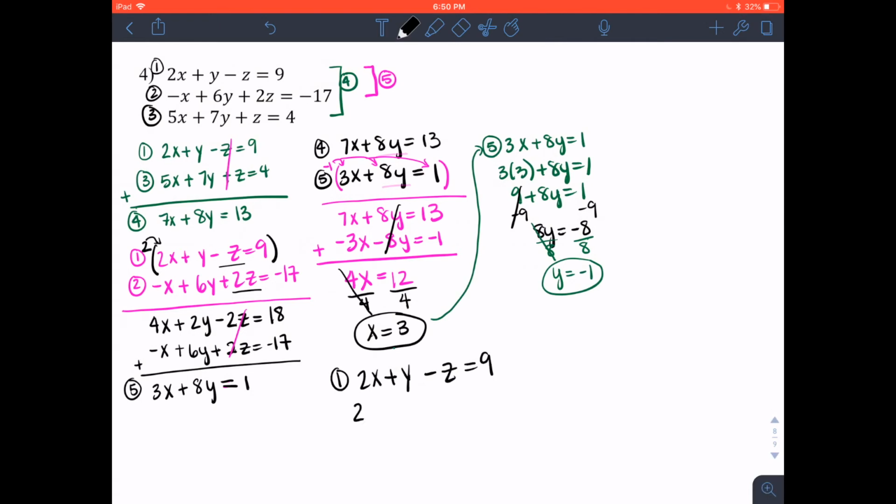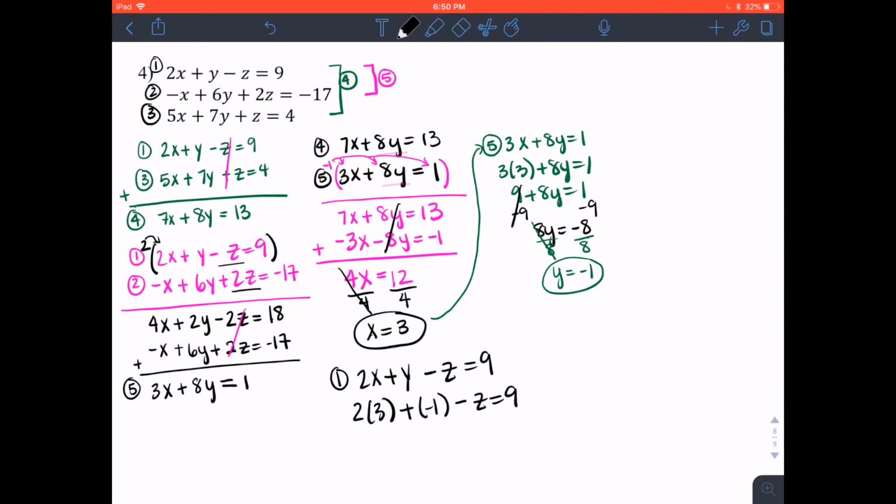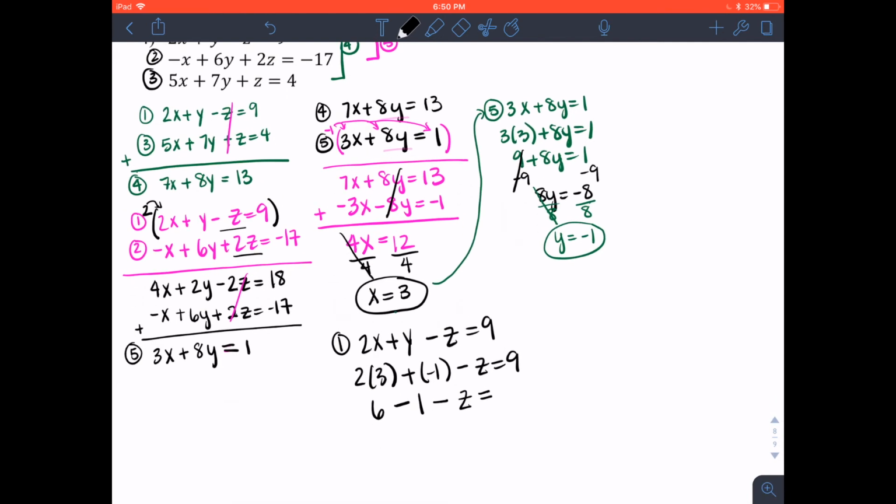And I'm plugging in 3 for x plus y is negative 1 that I just solved, minus z equals 9. So let's work this out. 2 times 3 gives me 6. I have a negative 1, so I'm really subtracting by 1, minus z. Sorry, I keep saying 7 for some reason, because my z's look like 7s. Bring down the 9. So we have 6 minus 1, which is 5, minus z equals 9.